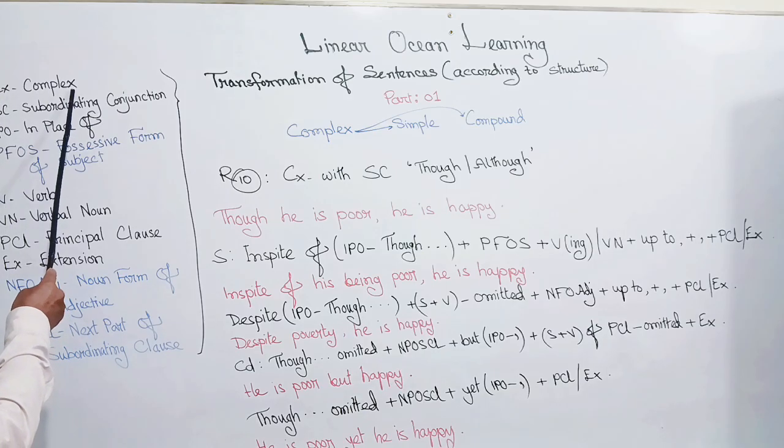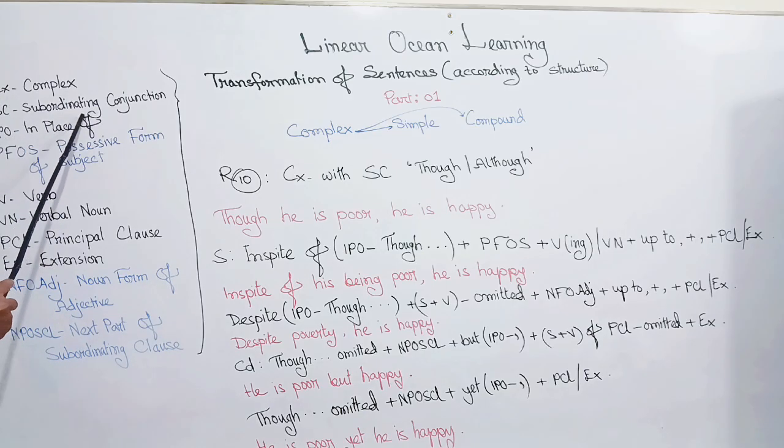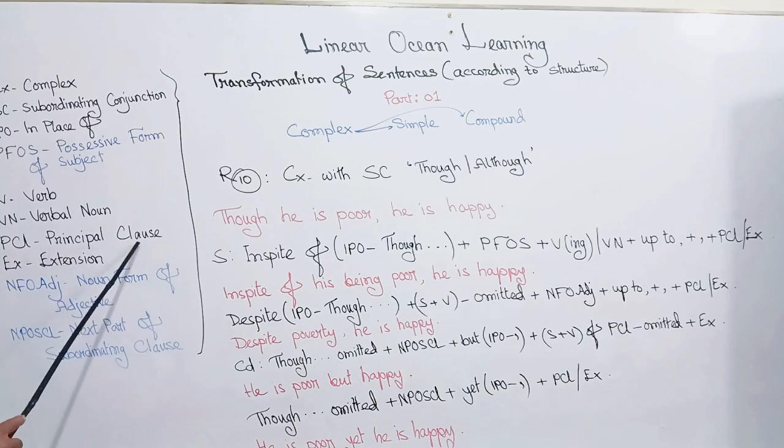CX means complex, SC means subordinating conjunction, IPO means in place of, PFOS possessive form of subject, V verb, VN verbal noun, PCL principal clause, EX extension, NFOADJ that means noun form of adjective, NPOSCL next part of subordinating clause. Now let's get started.